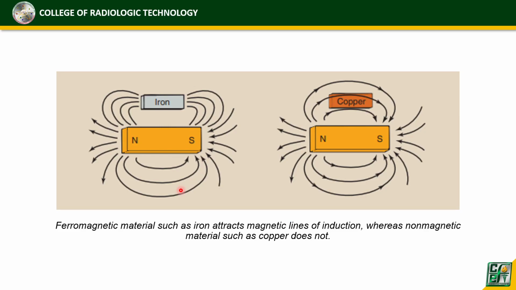So ferromagnetic material such as iron attracts magnetic lines of induction, whereas non-magnetic materials such as copper does not. So, kapag tinabi mo lang siya, not necessarily katabing-katabi or magkadikit sila, nagkakaroon ng induction. Okay?